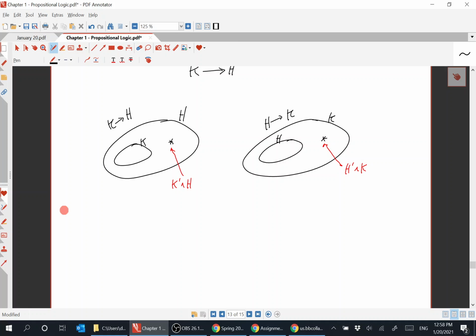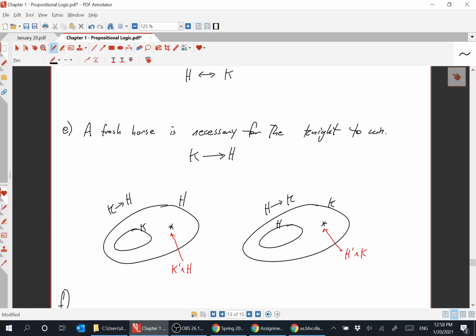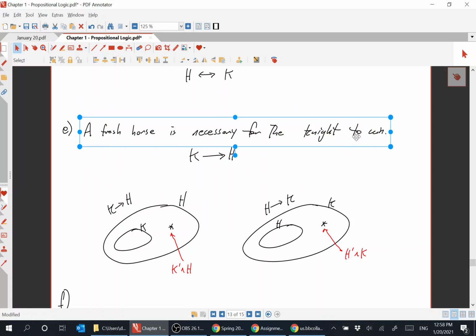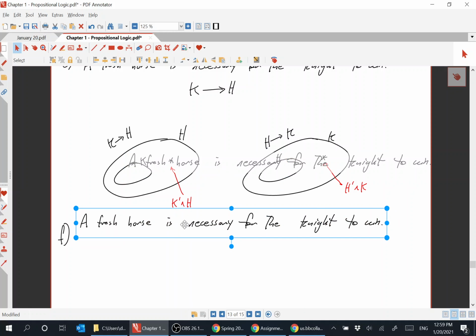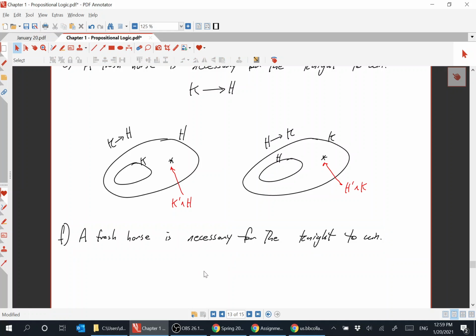And then there's also the word sufficient. A fresh horse is sufficient for the knight to win.